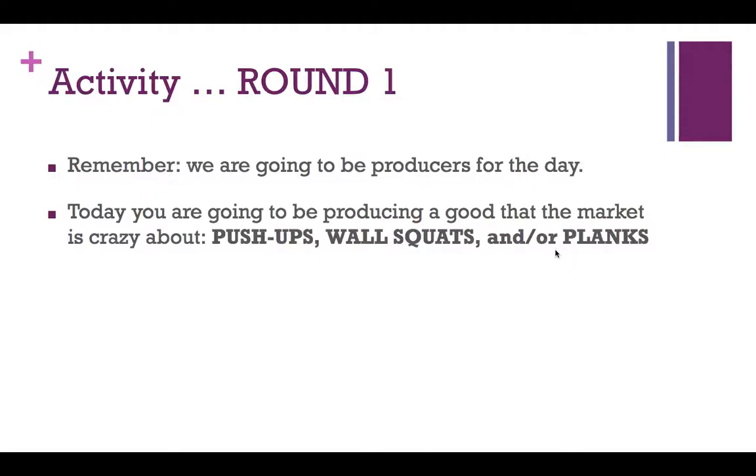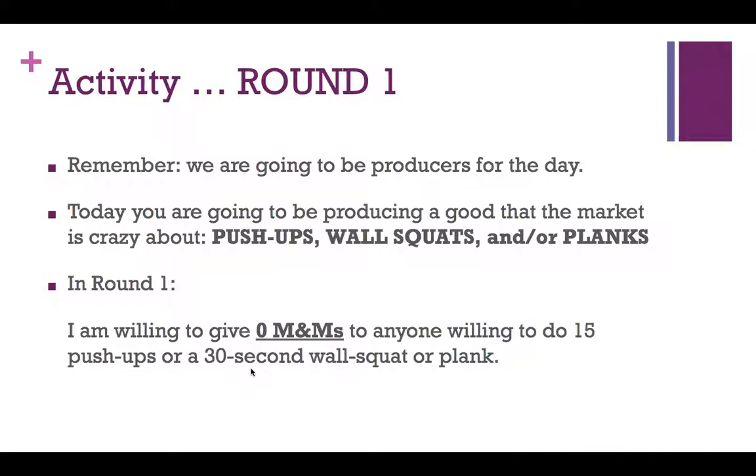So what I'd like for someone to do is to set up a schedule kind of similar to your demand schedule, and to record those people who are going to participate depending on the price. So for the very first round, I will provide 0 M&Ms for anyone willing to do 15 push-ups or a 30-second wall squat or plank.